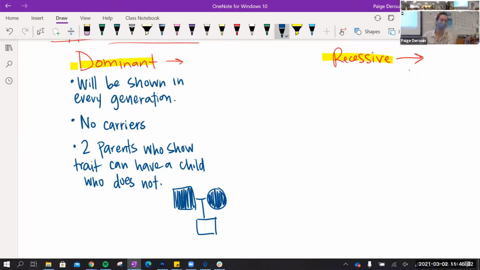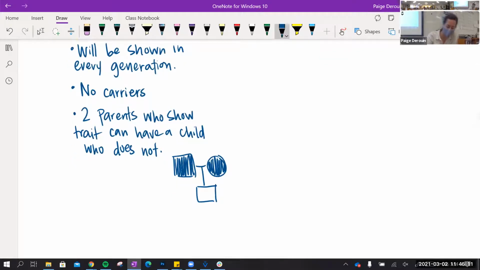So that means you can figure out what were the genotypes of the two parents. Exactly. So that square for this would look like you have heterozygous parents. They both show the trait.